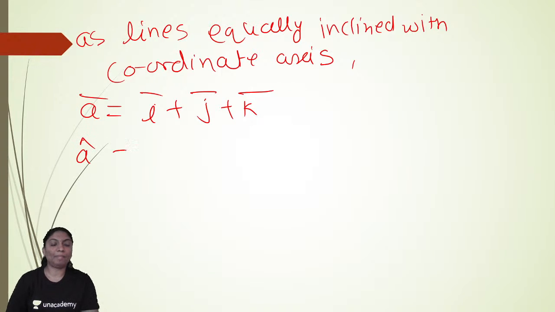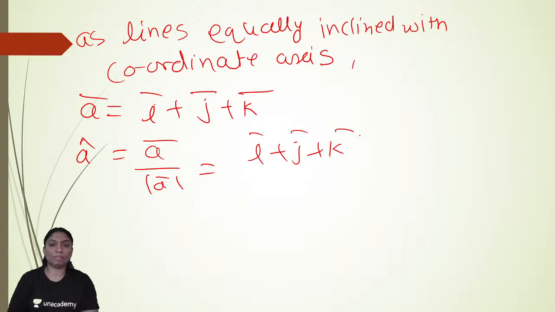Your a cap is equal to a bar upon mod of a bar, which is (i bar plus j bar plus k bar) upon root of 1 plus 1 plus 1, that is root 3.